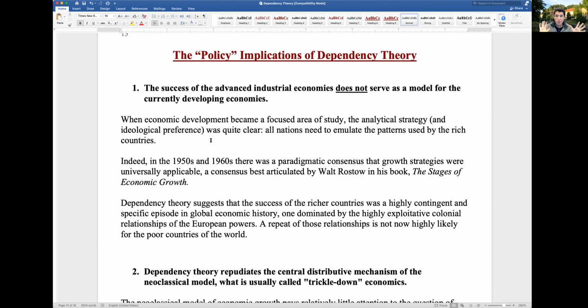Rich nations, the way they became rich, is not a good roadmap for poor countries to follow, right? For many, many reasons, some of which I already explained. But the point is that economic development is not a linear process, so we cannot just follow the blueprint that rich nations followed.